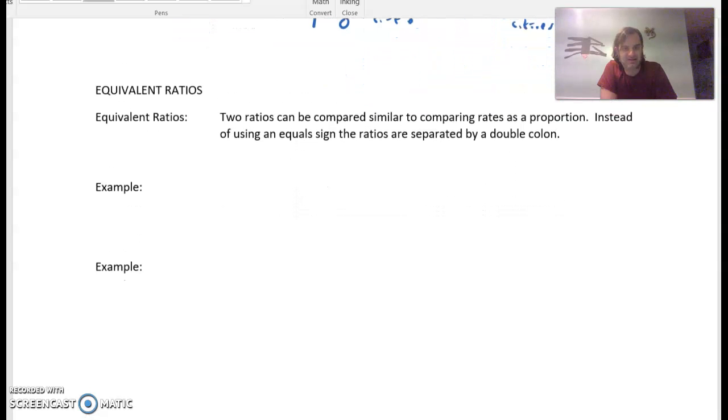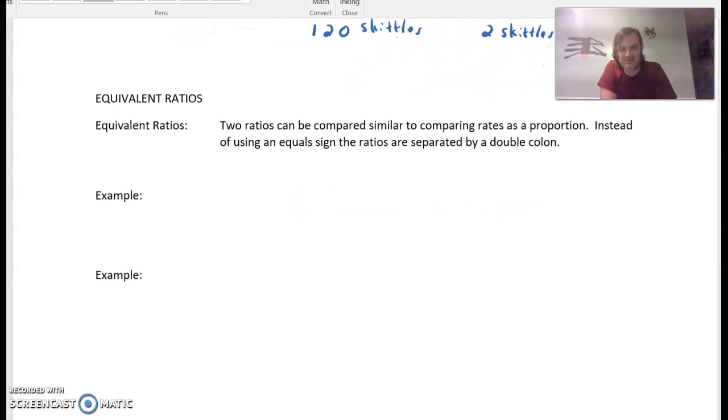So next we're going to do equivalent ratios. So two ratios can be compared similar to comparing rates as a proportion. Now generally, excuse me, we'll do this in the colon notation. We won't do it in fractions usually. Instead of using the equal sign, the ratios are separated by a double colon.